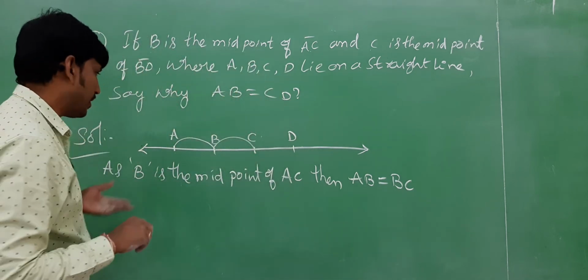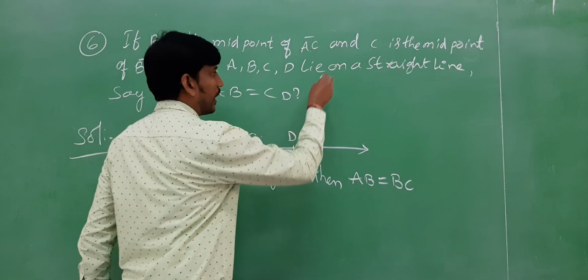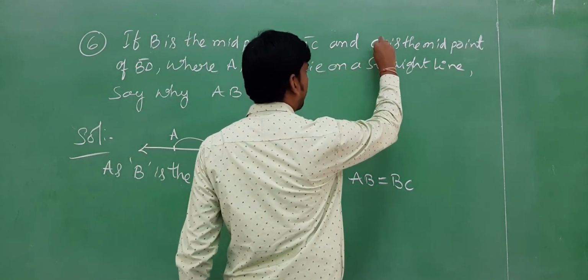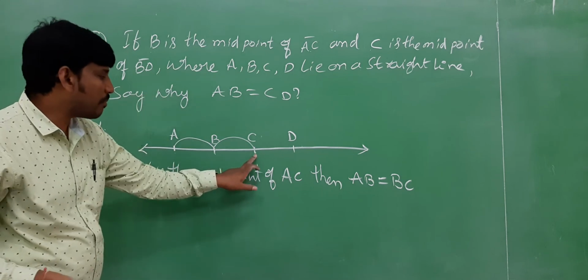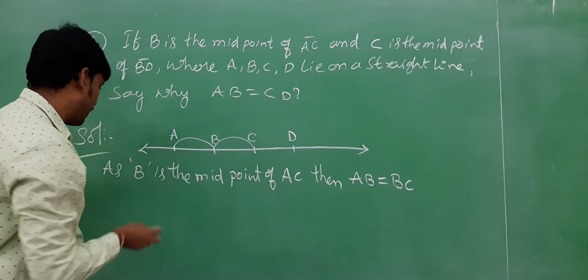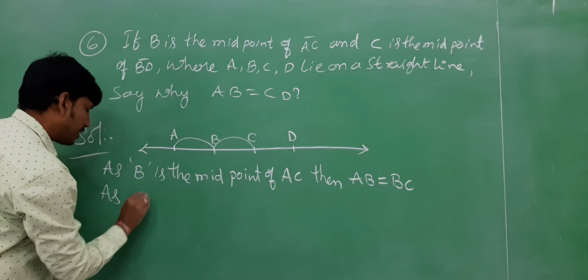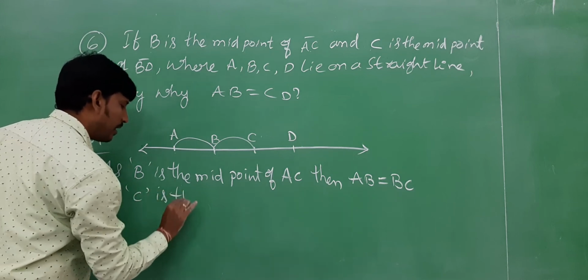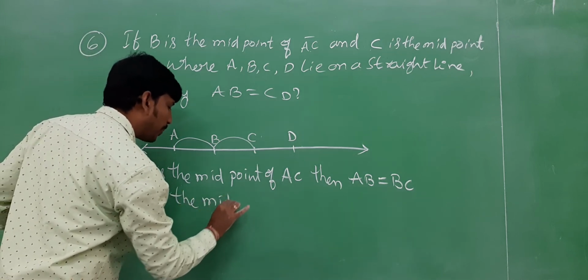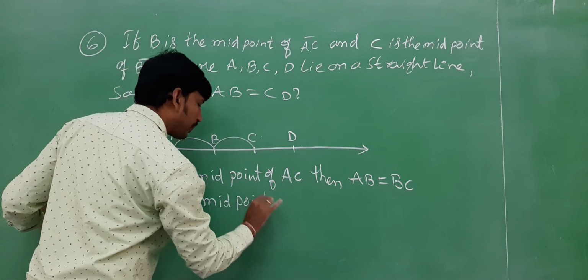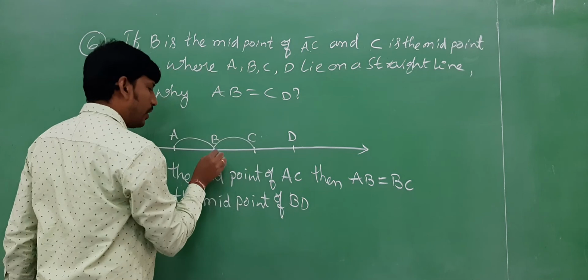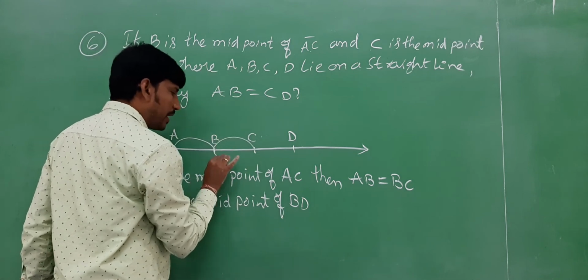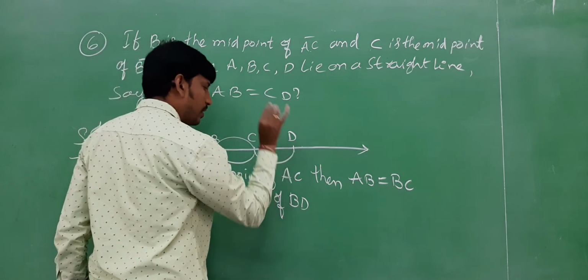Now in the same way, second condition, C is the midpoint of BD. As C is the midpoint of BD, this part BC is equal to CD.